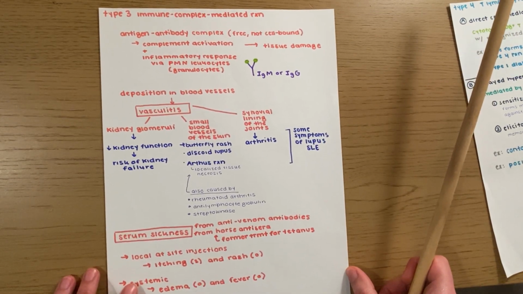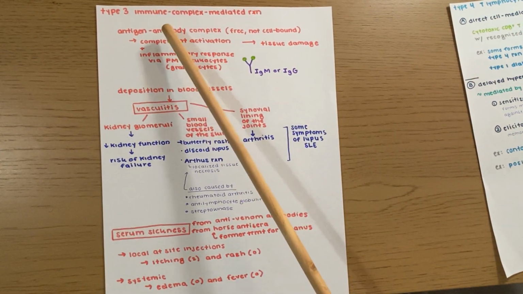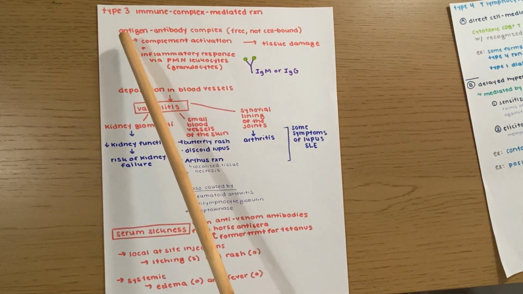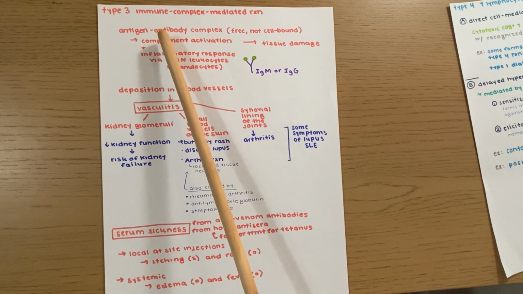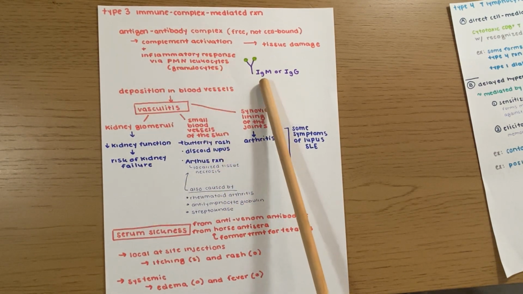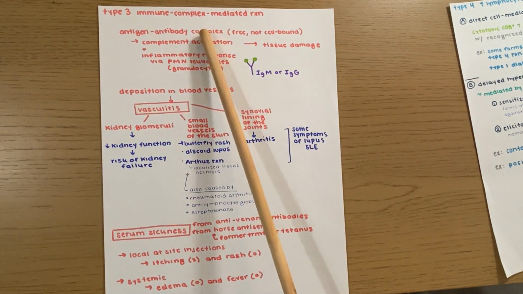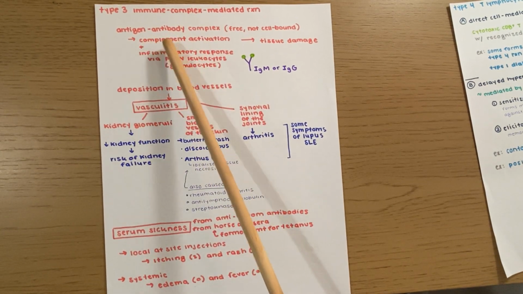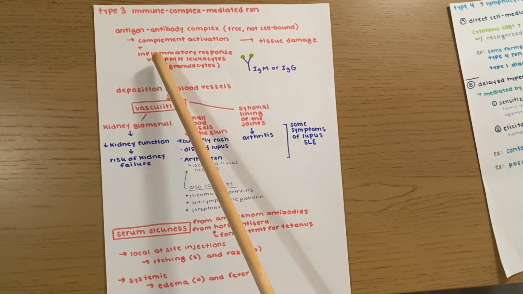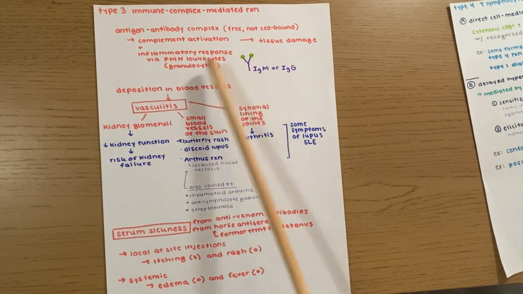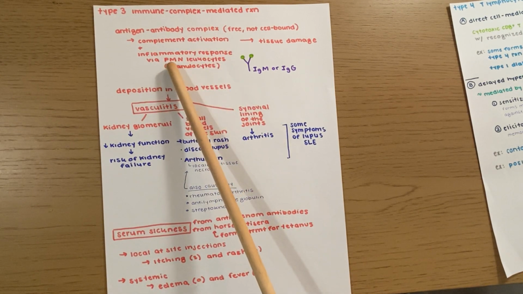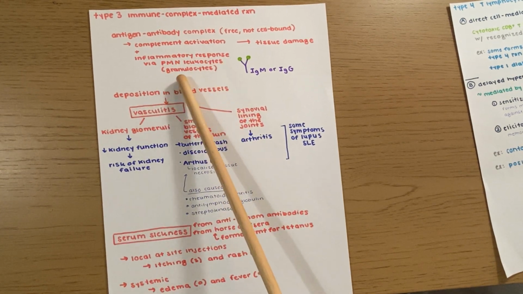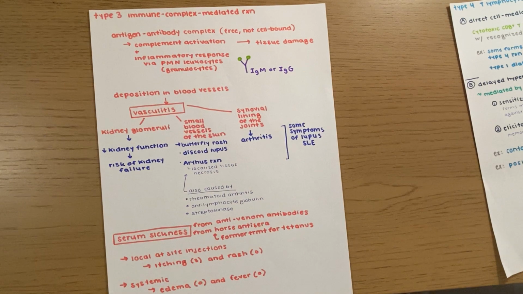Type 3 hypersensitivity is also called immune complex mediated reaction, and it occurs when antigen-antibody complexes involving IgM or IgG form, and this causes complement activation and an inflammatory response from the polymorphonuclear leukocytes, which are also known as granulocytes.